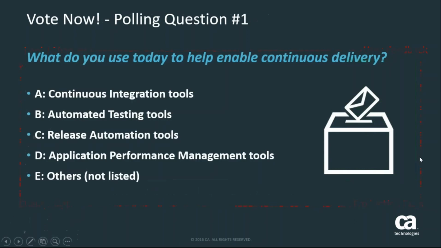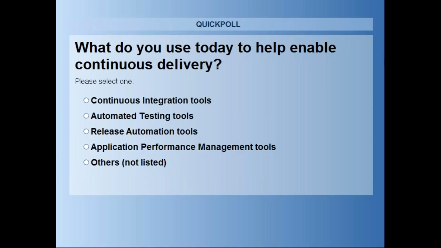My fault. Guys, let's go to our polling question, though, and this is something we wanted to ask our audience, and that is, what do you use today to help enable continuous delivery? Select one of the following: continuous integration tools, automated testing tools, release automation tools, application performance managing tools, or another class of tools perhaps not listed here.